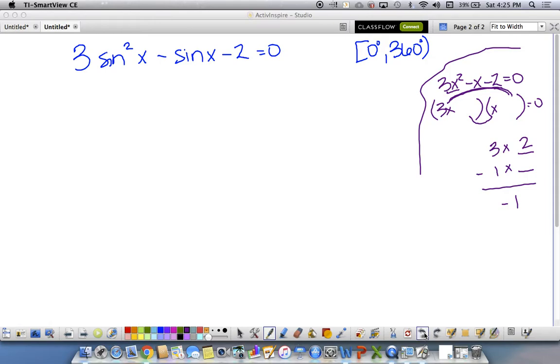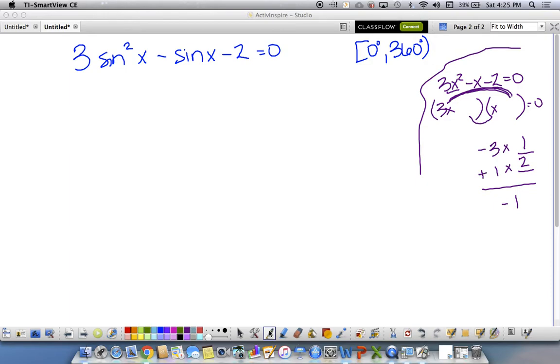No, it is not. So what about if I did 3 times 1 as this one, my outside, and 1 times 2? I switch my 1 and my 2. Is 3 minus 2 equal to negative 1? Oh, it's equal to a positive 1. Ooh, could I simply change and say that 3 is negative and the 2 is positive?